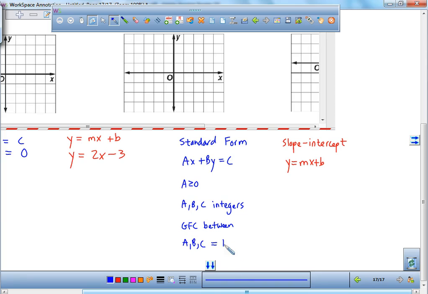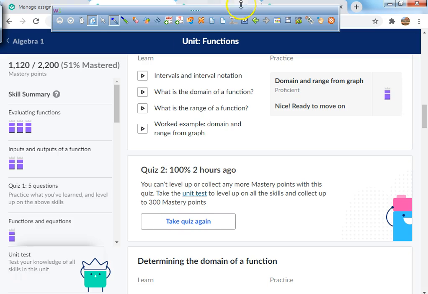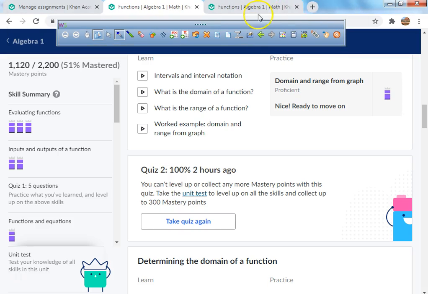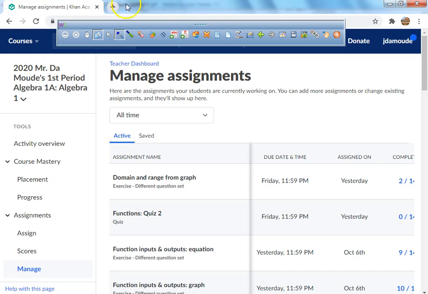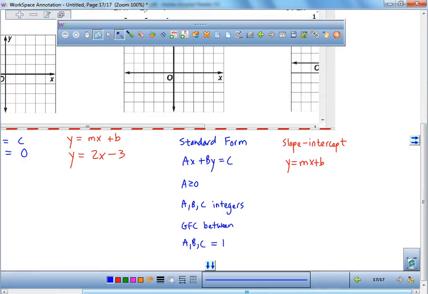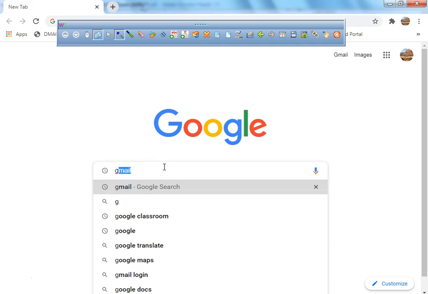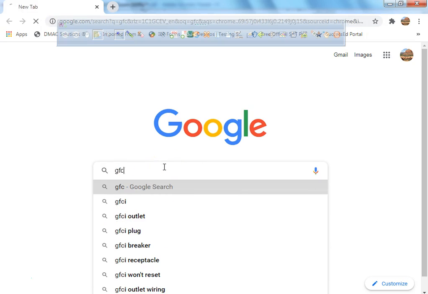Now, if you ever forget what GCF is, let's just Google it. Let me put GCF.